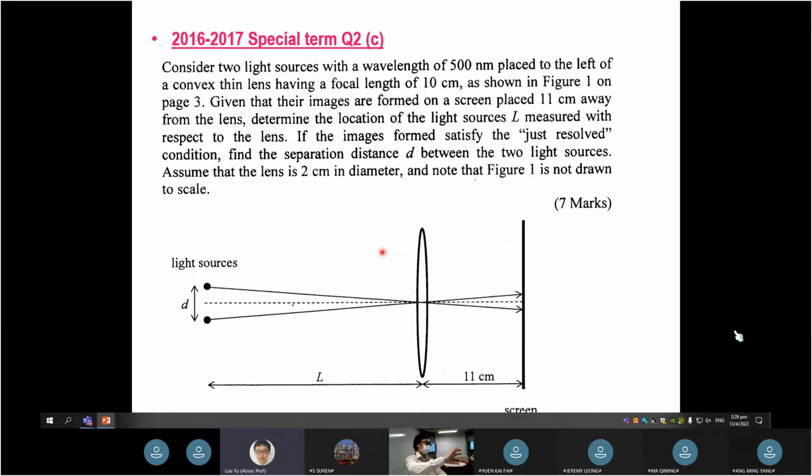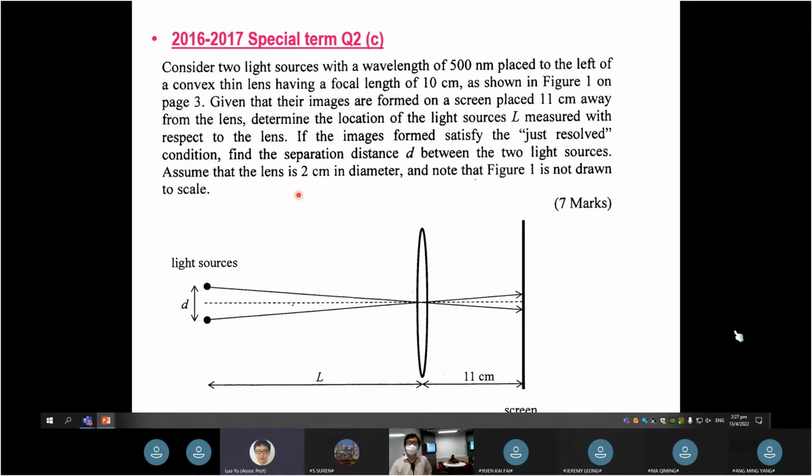Circular means it's circular around something. From which part can I get such information? Diameter. Yes, very good. It tells you the diameter of that lens. If it were a slit, it would say the width of the lens, but for diameter, of course it can be circular. Also, I can highlight for you that normally for the resolution we will test you on circular apertures. The slit aperture comes less often, so normally it's a circular aperture. Remember to put in this 1.22.